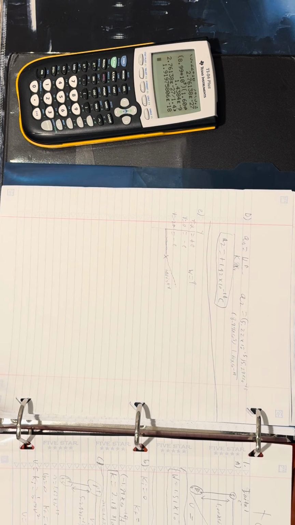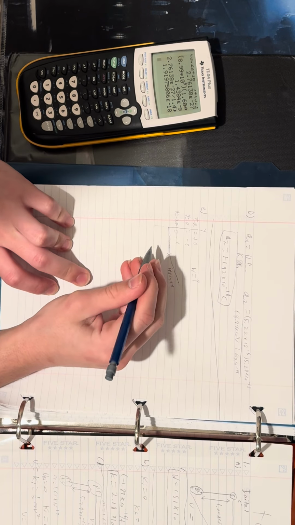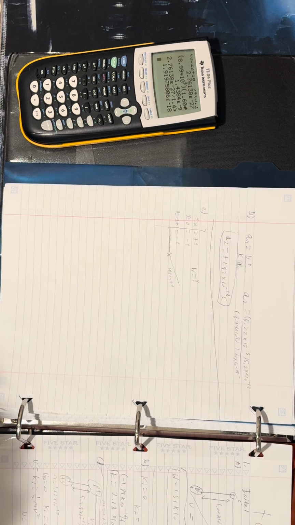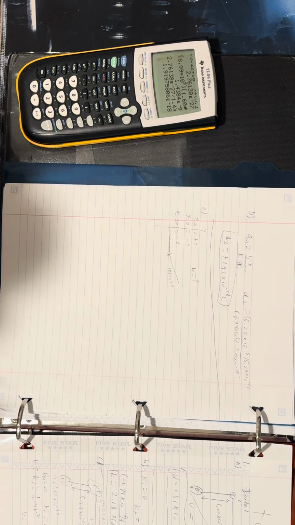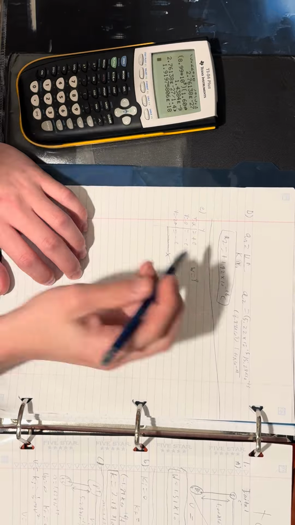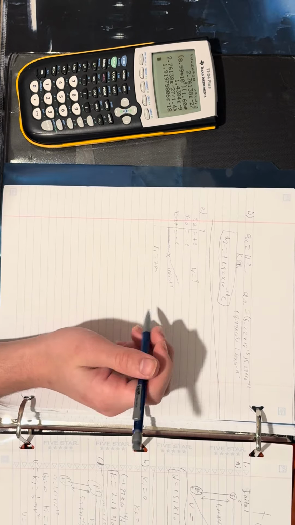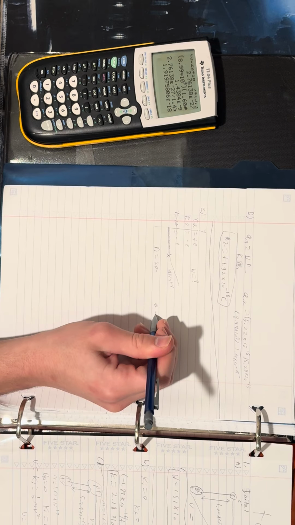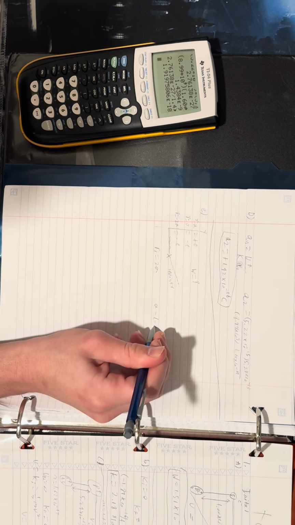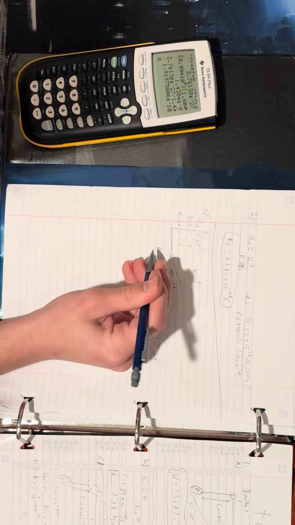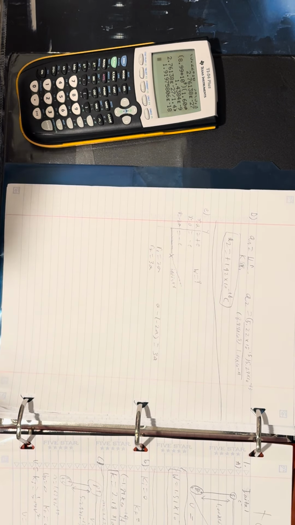Well, first, we have a distance of 2a, and for our next one, we have a minus 2a, the initial minus the final, equals 3a. Okay, we got our two distances now.